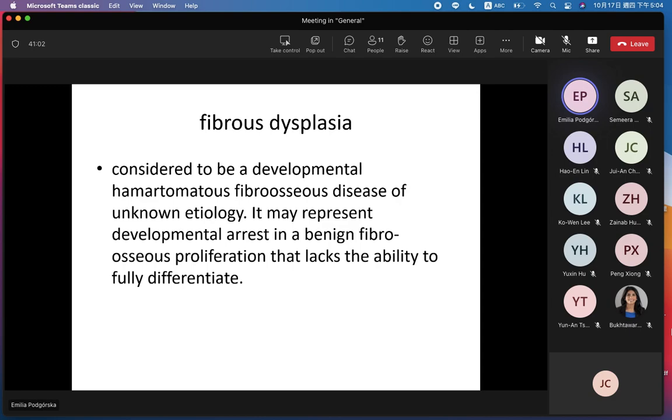Fibrous dysplasia is considered to be a developmental hamartomatous fibro-osseous disease of unknown etiology. It may represent developmental arrest in a benign fibro-osseous proliferation that lacks the ability to fully differentiate.